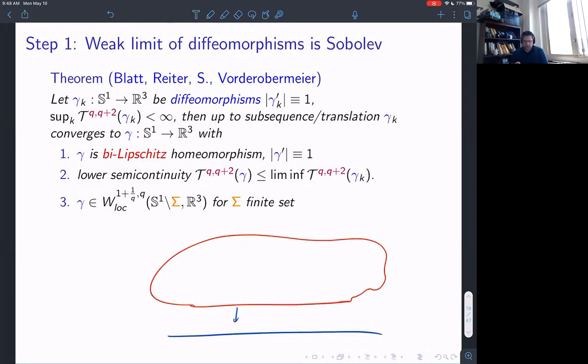And so this is the first thing we could do. Essentially what we say is, if we have a sequence of diffeomorphisms, they do not converge to a straight line. Indeed, they converge to something which is bi-Lipschitz and a homeomorphism if the energy stays finite. You have lower semicontinuity and you get a Sobolev control.